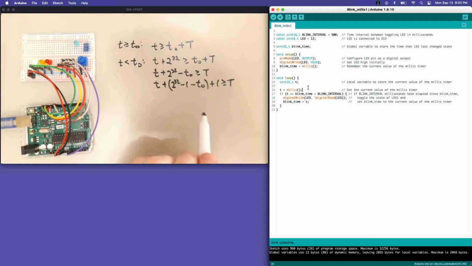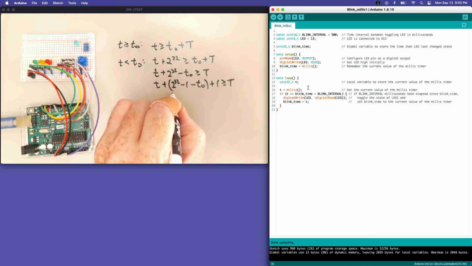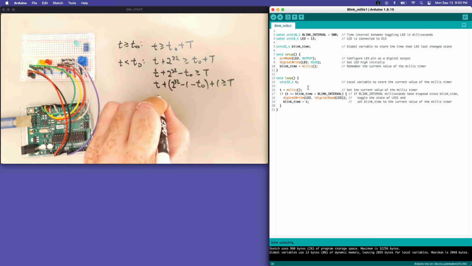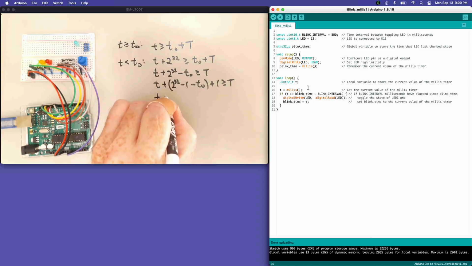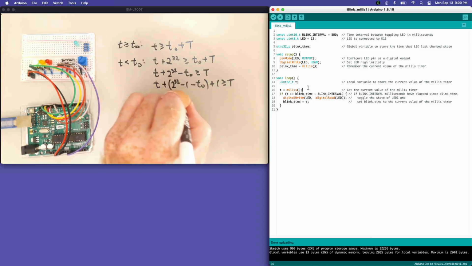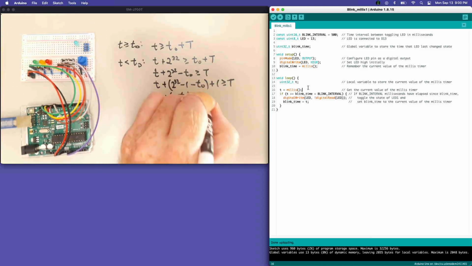But we're going to do one thing which I think is actually a little nicer, and that is we're going to replace this thing in parentheses with a bitwise operation. So my claim to you is that this is equivalent to the following expression.